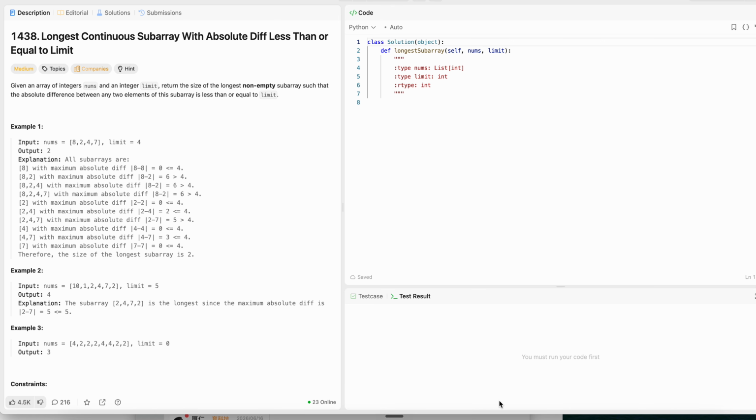I'm going to expand the window whenever it satisfies the requirement, and if in some case it does not satisfy the requirement, it will shrink until it satisfies.